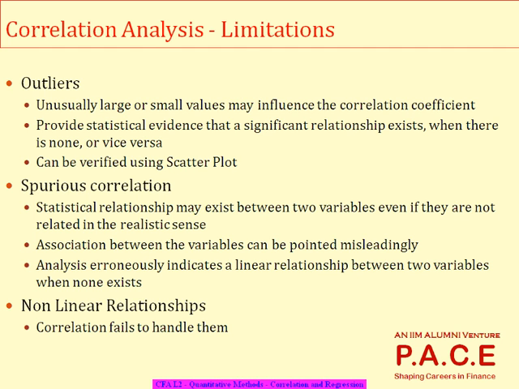Two, there is a concept of spurious correlation. Probably the best example is, I take the sales of my company and I take the GDP of Uganda. Try to find the correlation. I may get 0.7, 0.8 because my sales are growing, Uganda's GDP is also growing. So the correlation analysis may say there is a very strong correlation between these two.